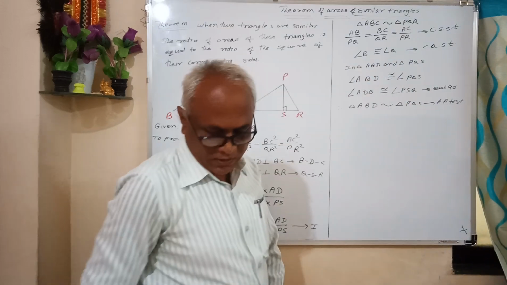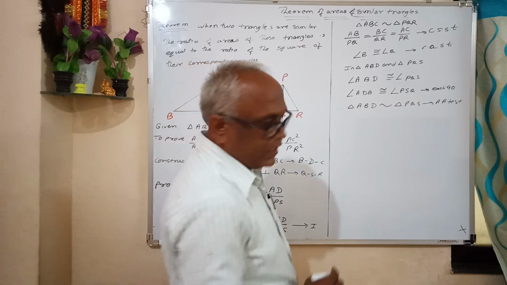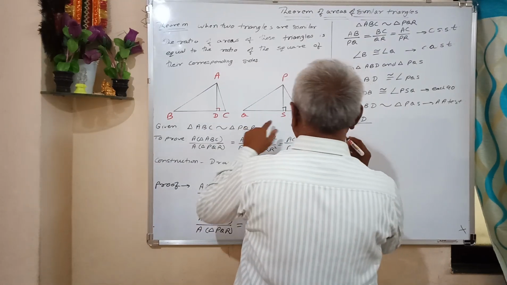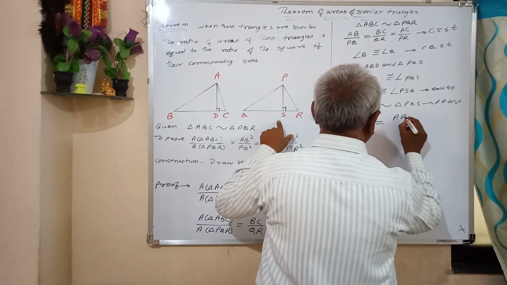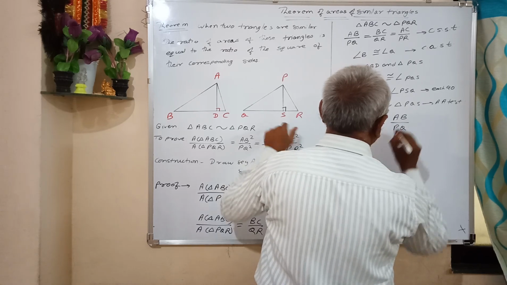If two triangles are similar by AA test, then AD upon PS is equal to AB upon PQ.